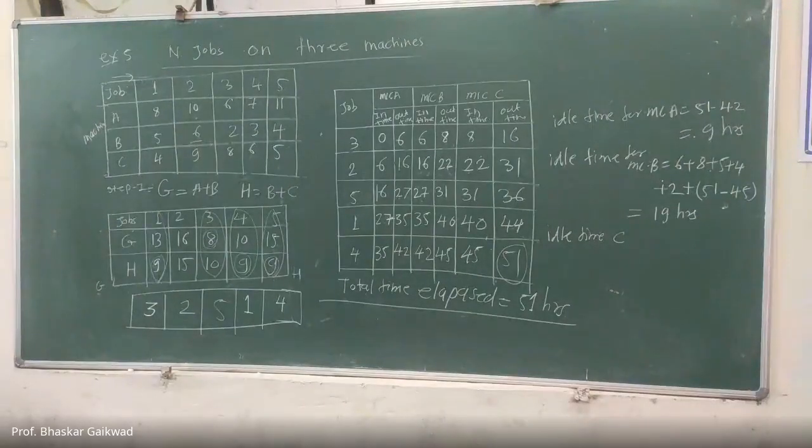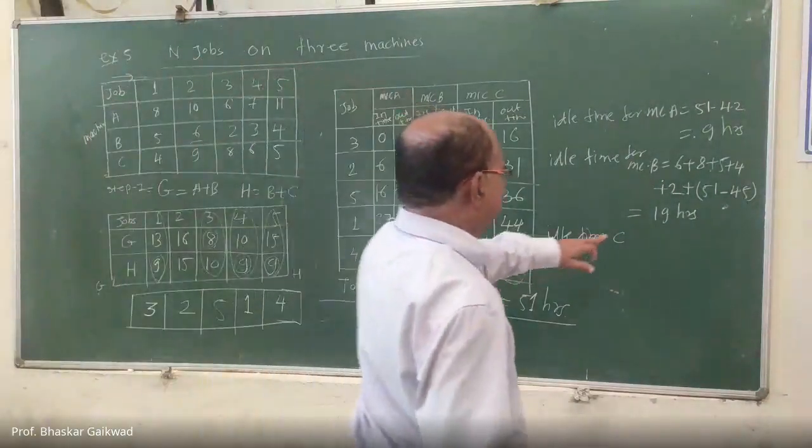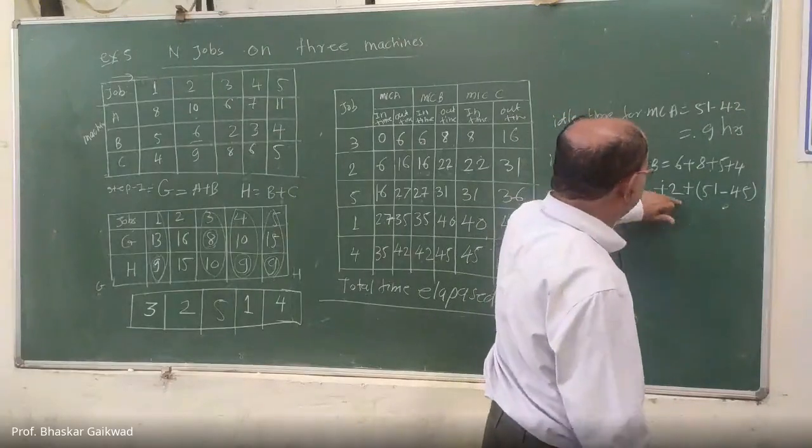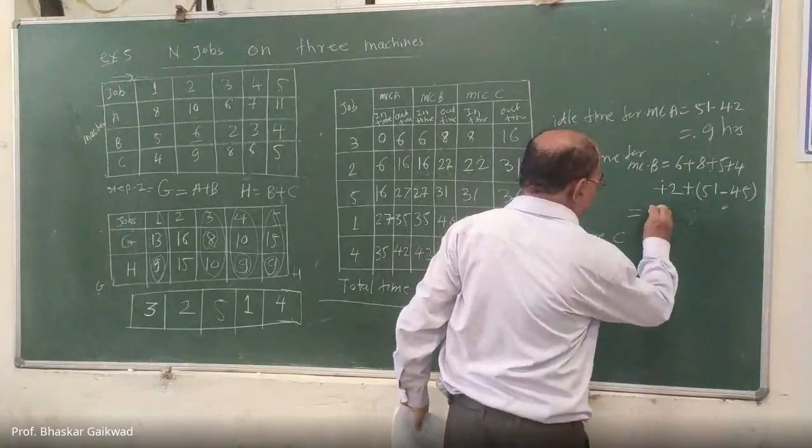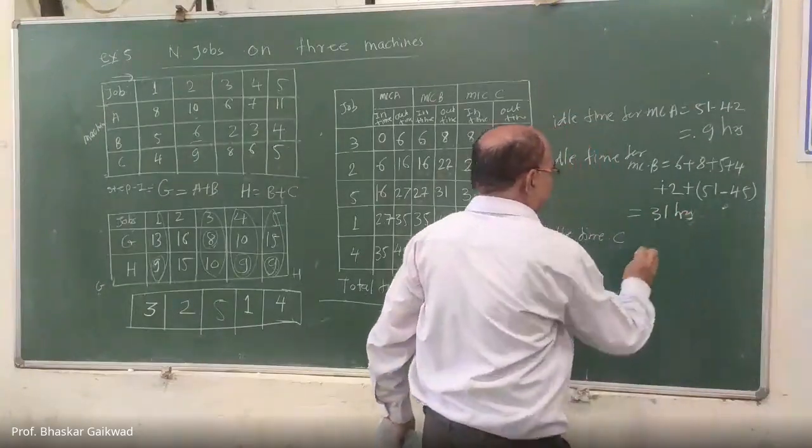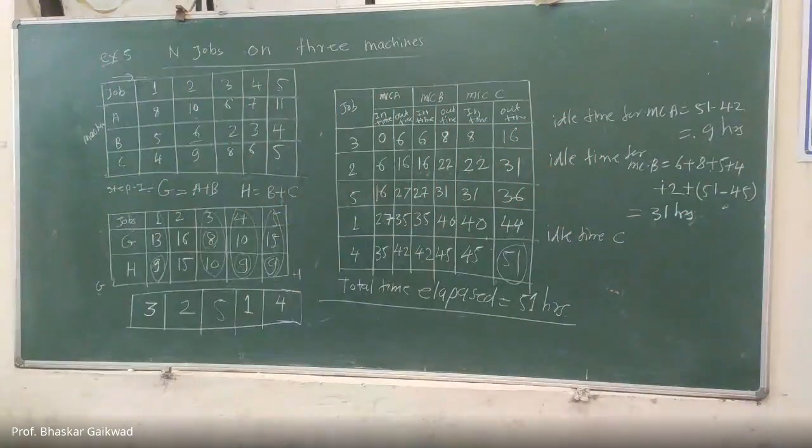Related to B or C. 6 plus 8 plus 5 plus 4 plus 2 plus 6. How much here? 31. You are talking about this one, no? Yes, sir. You can write 31. Okay. Now you can calculate idle time for C. Calculate.